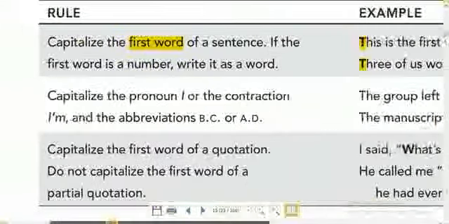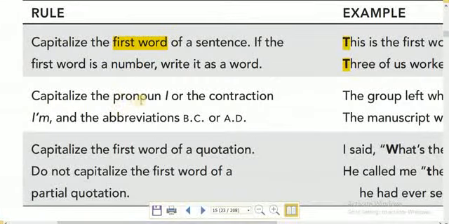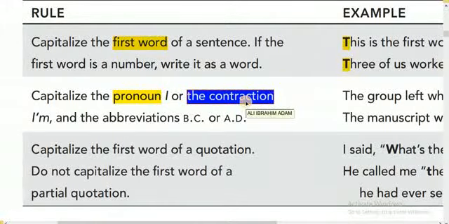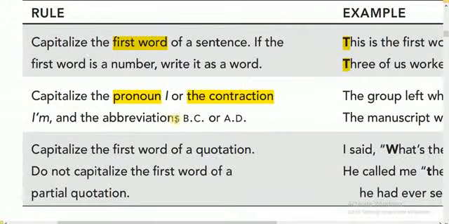The second rule. Capitalize the pronoun. How many pronouns are there? There are 7 pronouns, right? I, we, you, they, he, she. Or contractions. What are the contractions?